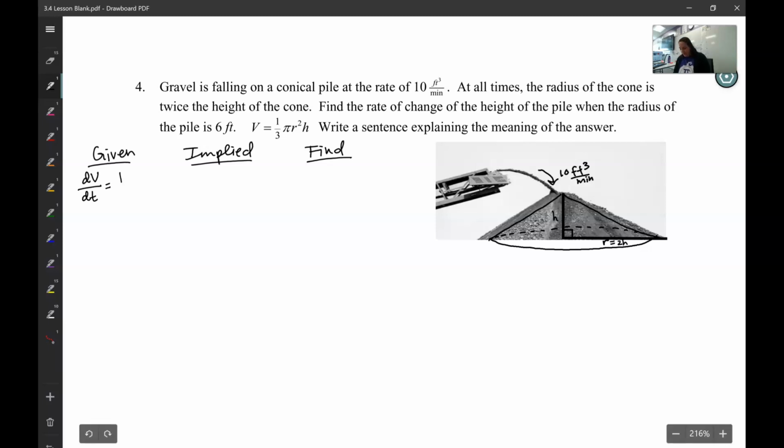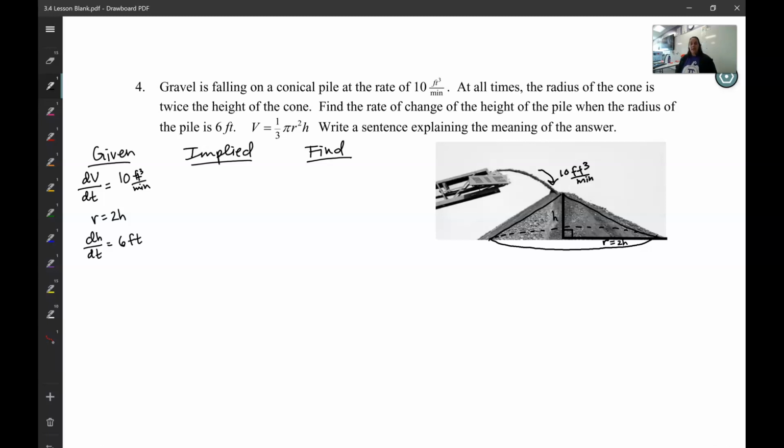So dV dt. We also know that the radius is 2 times the height. We know the rate of change of the height, so dH dt, is 6 feet. And that's pretty much it.